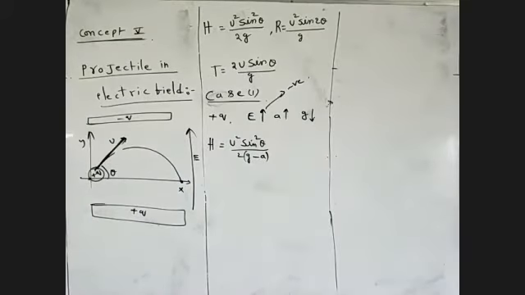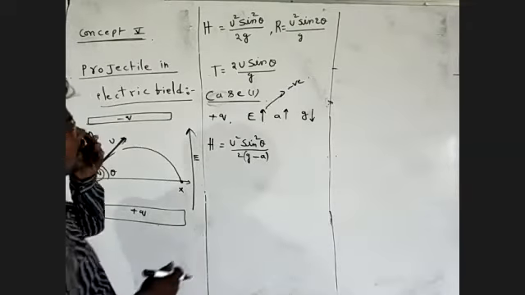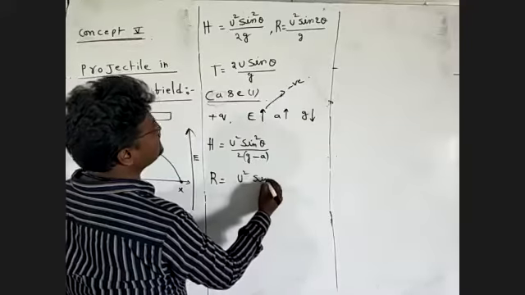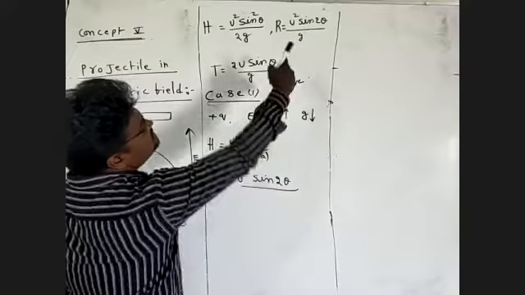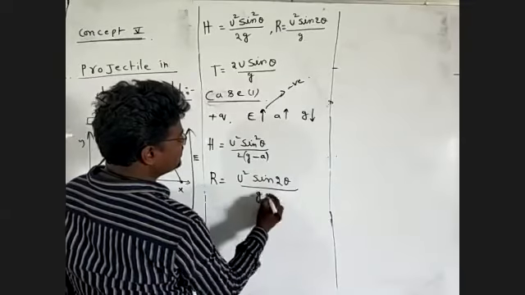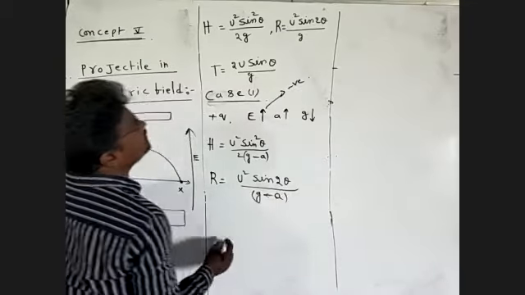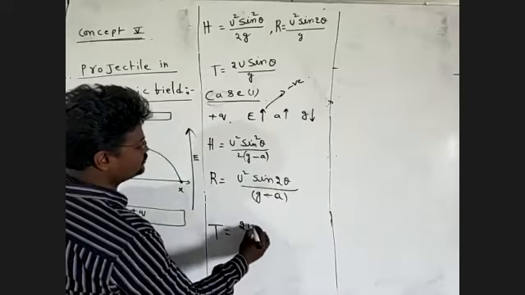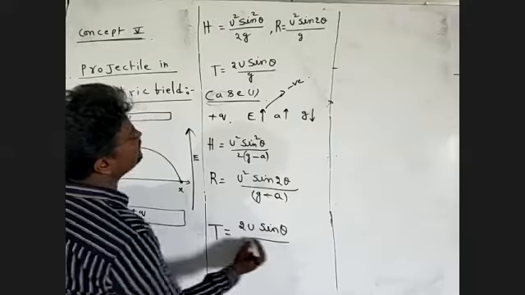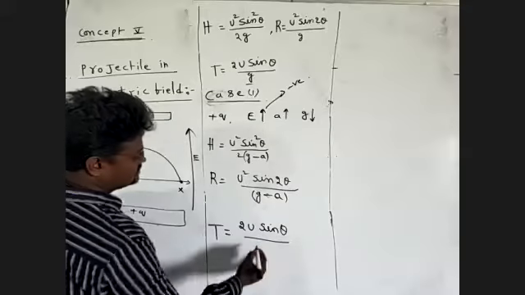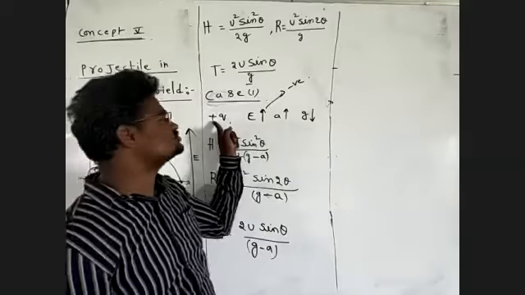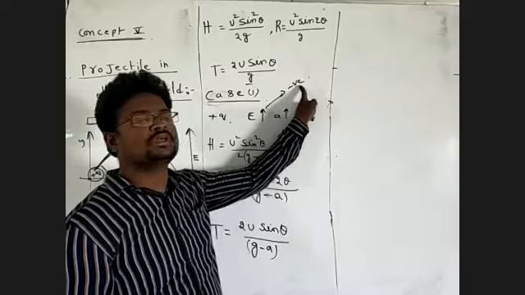Next, the range R is equal to u squared sine 2 theta by g minus a. Then the time of flight is 2u sin theta by g minus a. For a positive charge with the electric field upward, you should take the negative.